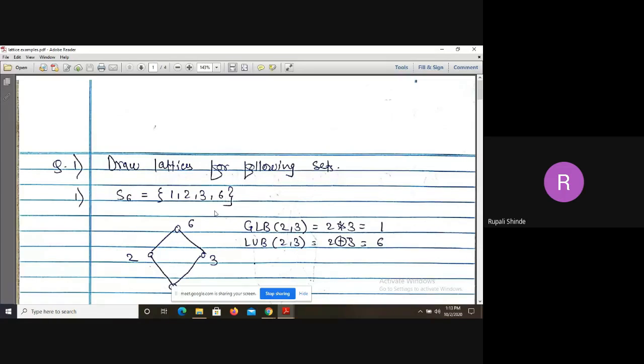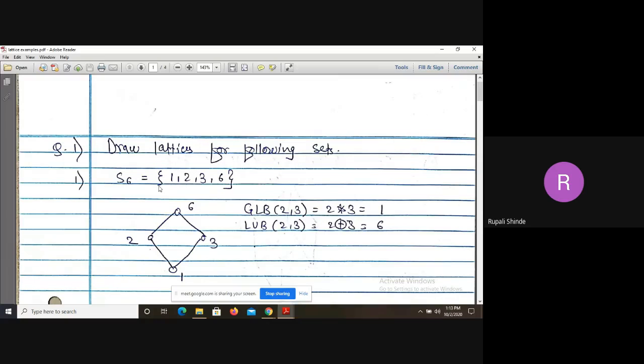Okay, so we can draw the diagram, or lattice, for this set as 1, 2, 3, 6. Why have we placed these elements in this order? Because the relation given is the divides relation. So 1 divides 2, 1 divides 3, and both 2 and 3 divide 6. That's why the lattice will be like this.